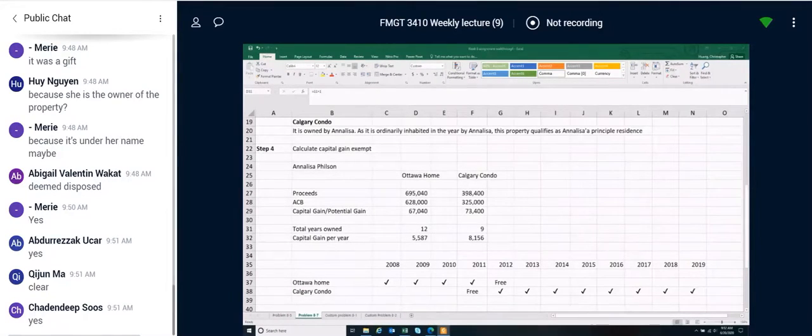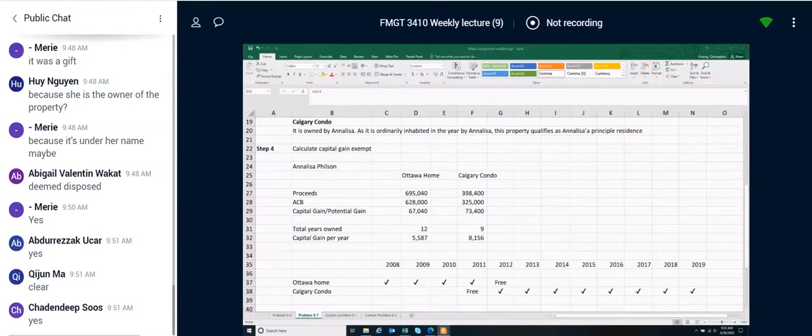So again, the Calgary home was acquired in 2008, and then it was sold in 2019, right? So that's 12 years.